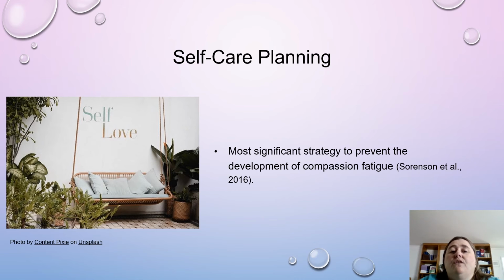Now that you have developed a self-awareness by completing the ProQOL and by learning about the signs and symptoms of compassion fatigue, it's important to think about what you can then do to cope with this. So self-care has been reported as one of the most significant strategies to prevent the development of compassion fatigue.